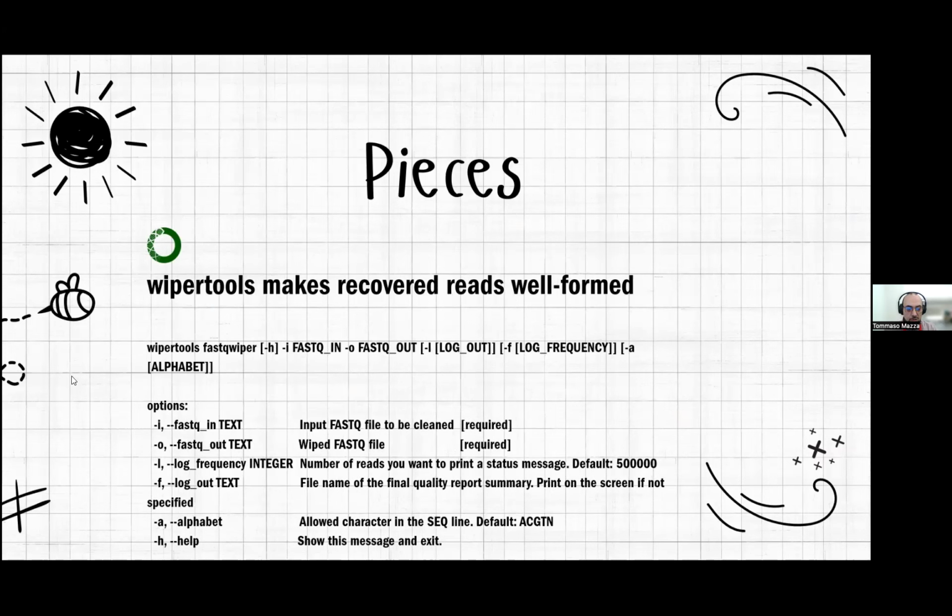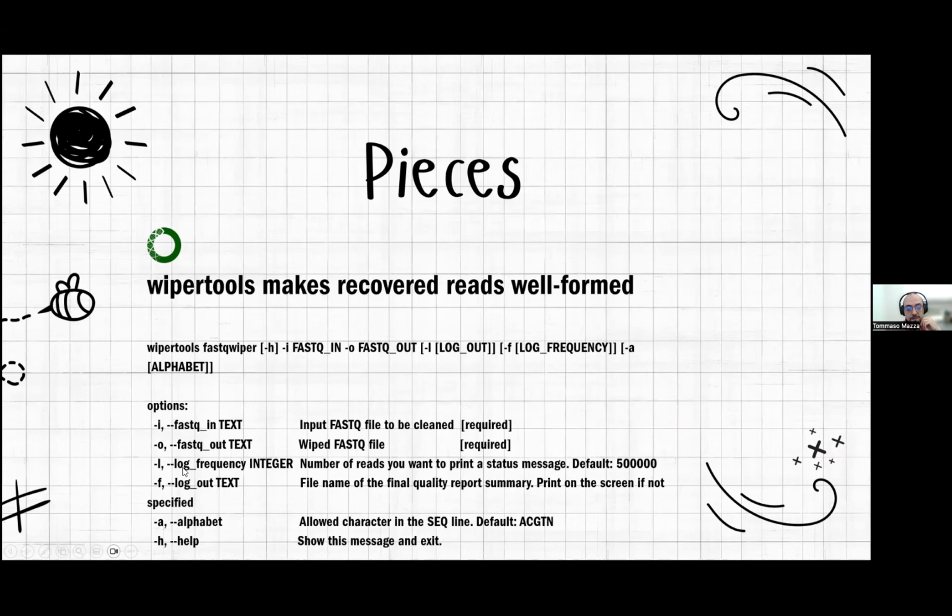Okay, so if you just want to take a look at the arguments of FASTQ wiper, just two arguments are required: -i, the FASTQ input, and the FASTQ output here.